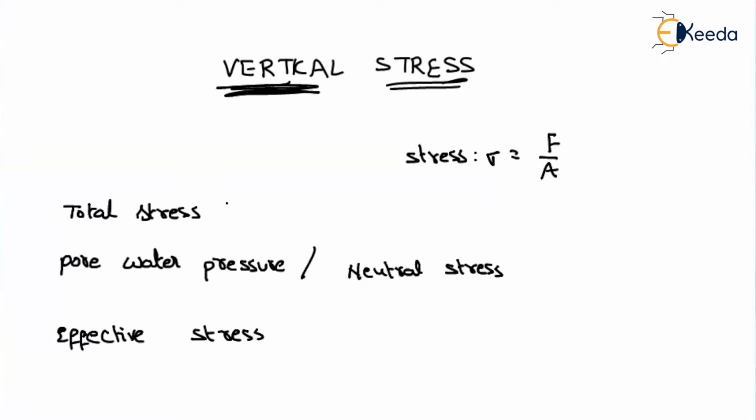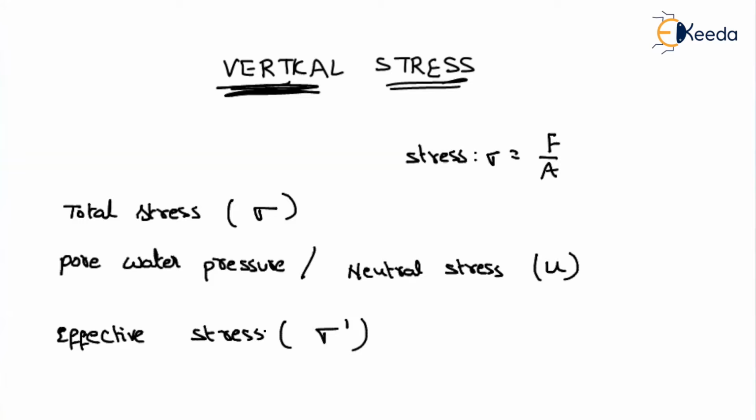Total stress in general we will represent by using sigma, pore water pressure or neutral stress with small u, and effective stress with sigma dash. The father of soil mechanics, Dr. Karl Terzaghi, proposed the effective stress.